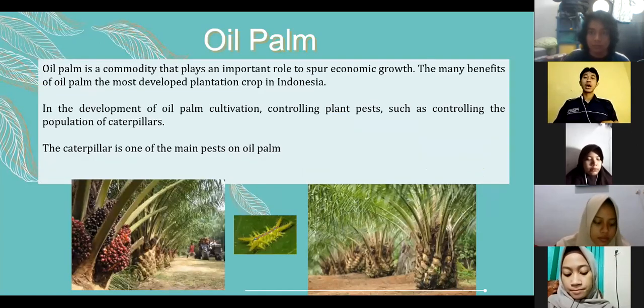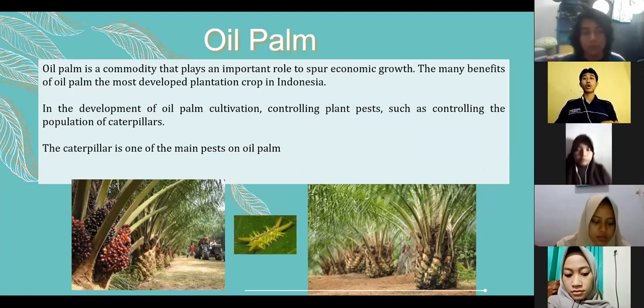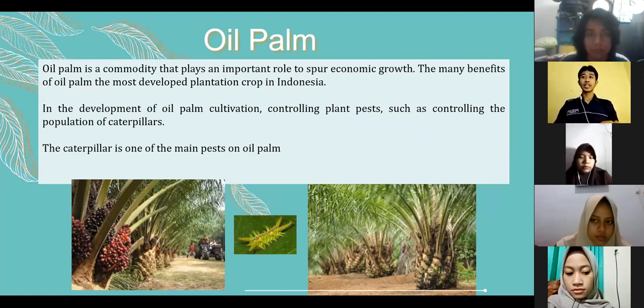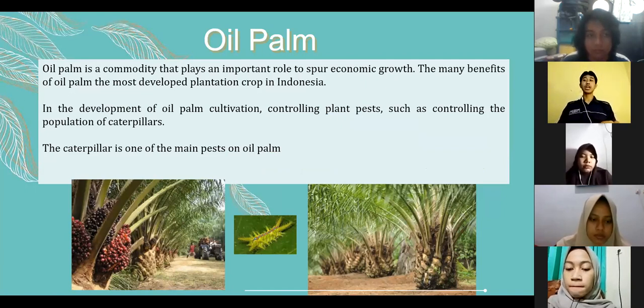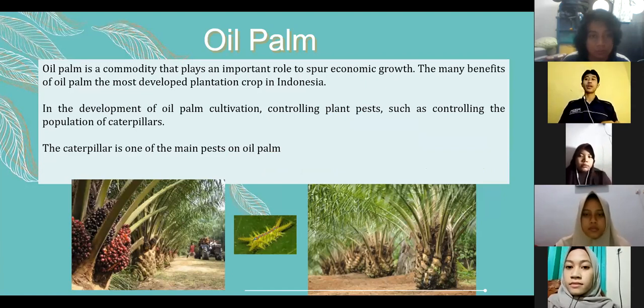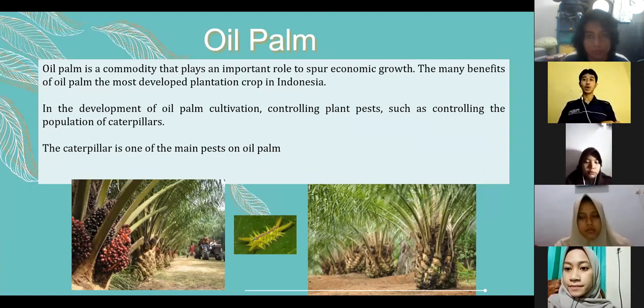First, we will discuss oil palm. Oil palm is a commodity that plays an important role and has a real contribution in the regional and national scope to spur economic growth. The many benefits of oil palm make this commodity the most developed plantation crop in several provinces in Indonesia.